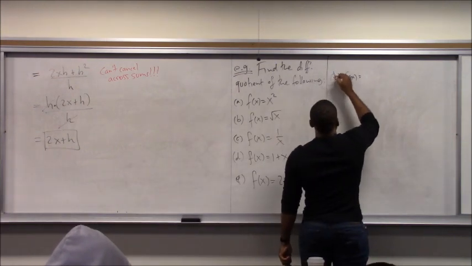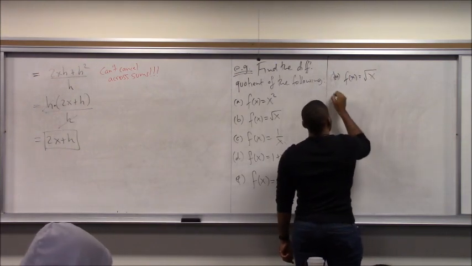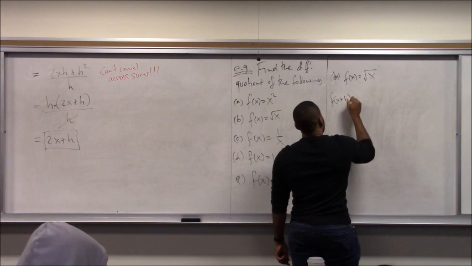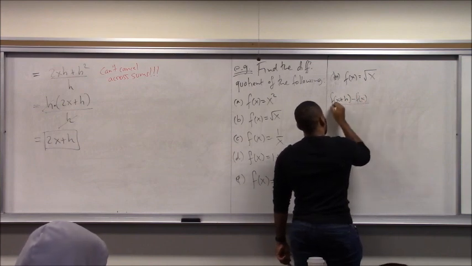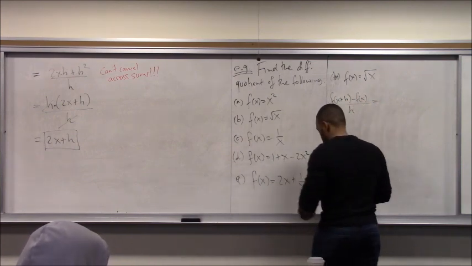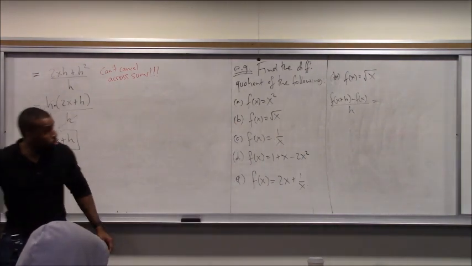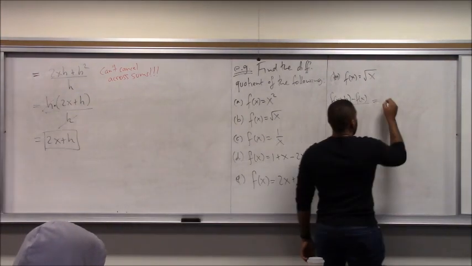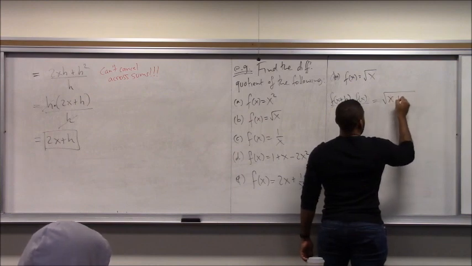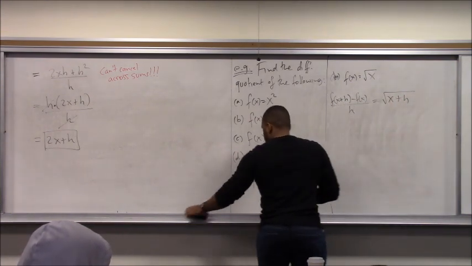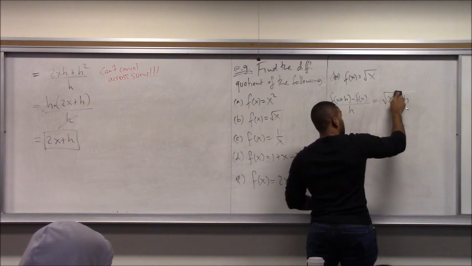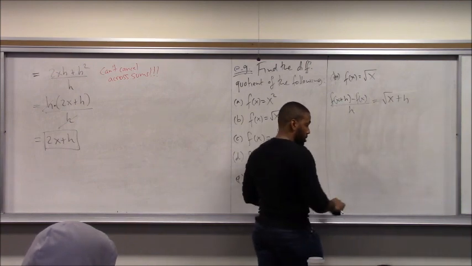Okay. What about for the square root of x? If I want to compute f of x plus h minus f of x all over h, how would that look? Square root of x plus h. Right, so we have the square root with x plus h underneath it. If you don't write this, if you write that, it's wrong.